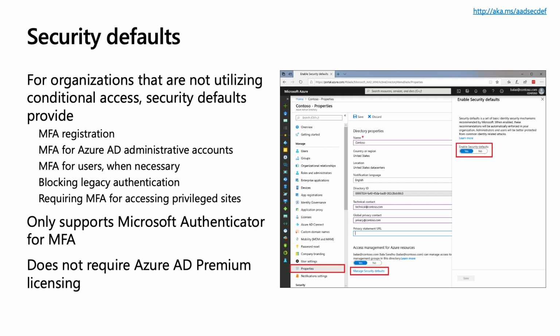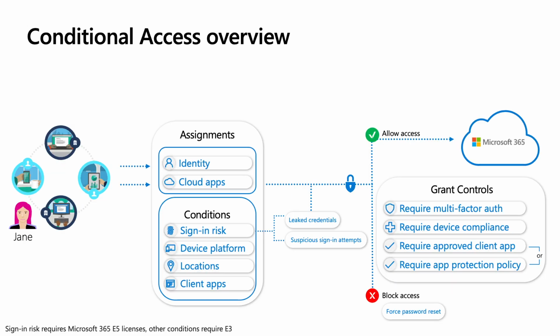If you need granularity in managing certain settings related to protecting against common identity attacks, you should consider conditional access. Conditional access is nothing more than a policy-driven approach within Azure Active Directory that takes a set of assignments and then makes an intelligent decision on whether to block access or allow access.